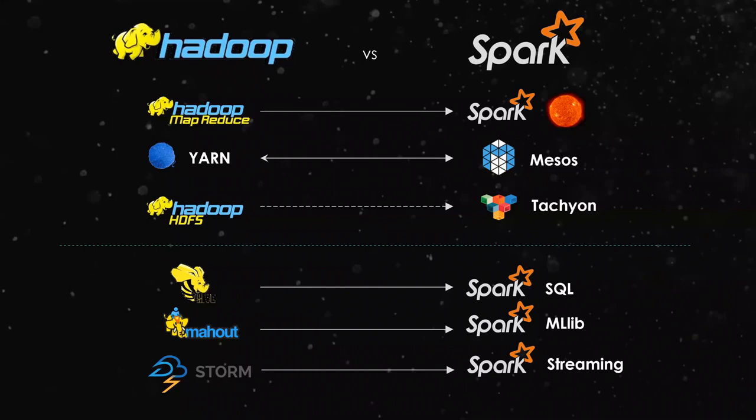Like for SQL, you have Hive, machine learning, you have Mahout, real-time analytics, you have Storm. All three can be replaced by the single Spark engine. The only thing, you need to use the corresponding libraries within Spark. For example, for replacing Hive, I will be using Spark SQL. For replacing Mahout, I will be using MLlib, and Spark streaming for replacing Storm.